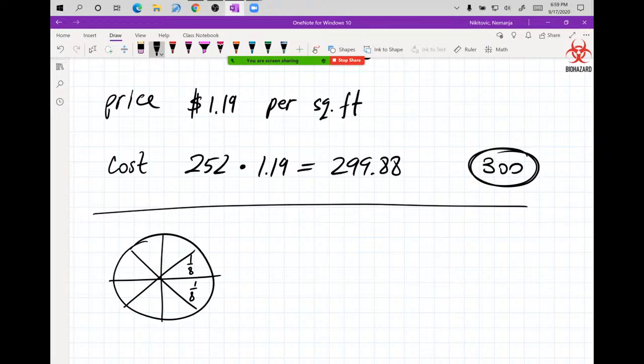But then when you take a look, the pizza will have its diameter, which is this line across. And then there's a radius. And then there is this line around, which is called a circumference, which is going around. Then there's the area of the circle.